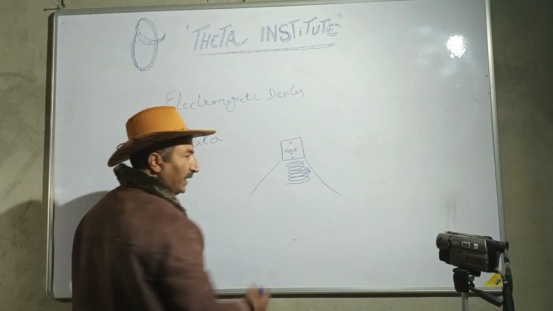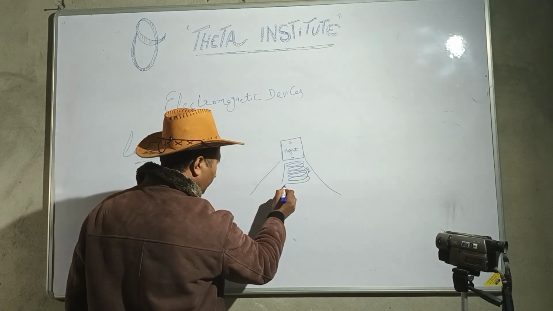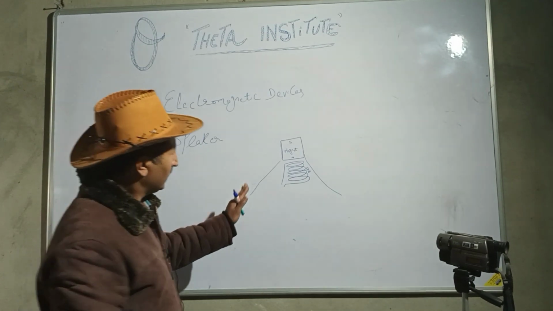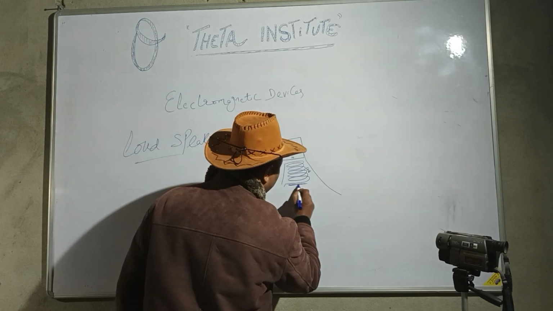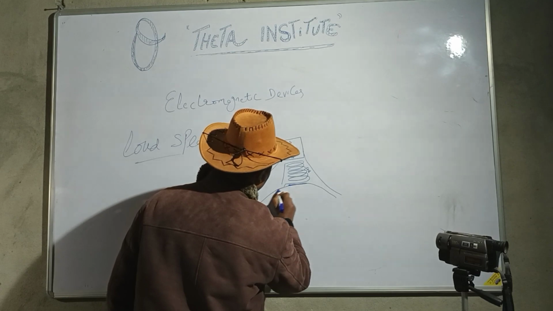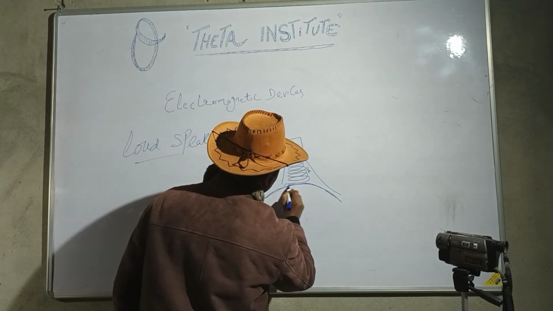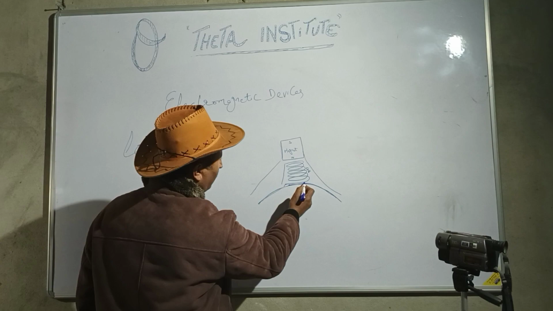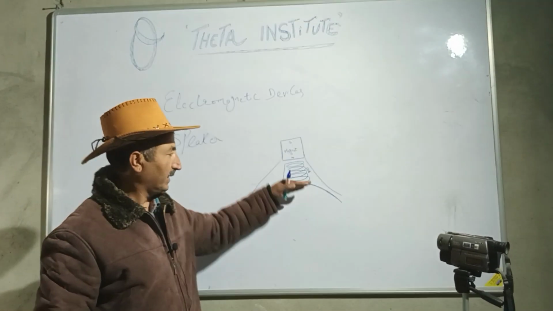The coil has two ends. These two ends are drawn below, and this coil is wrapped on the diaphragm. It is glued on the diaphragm.